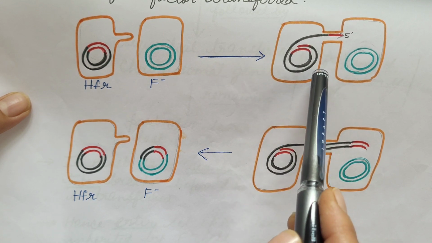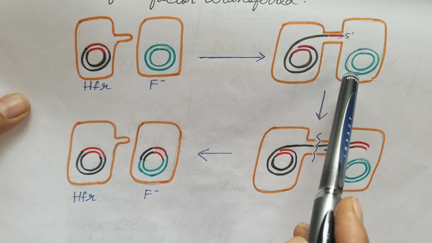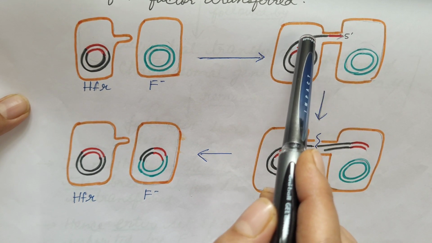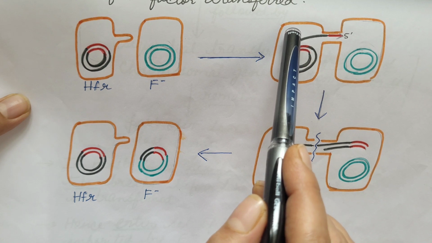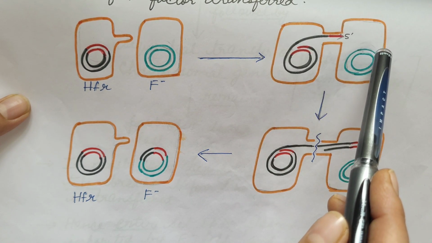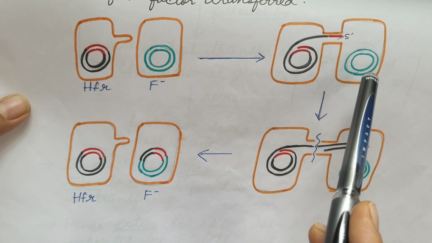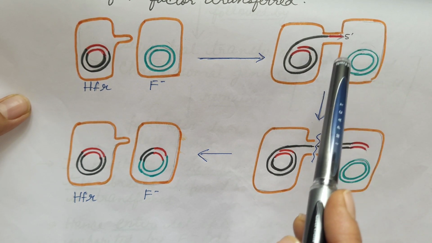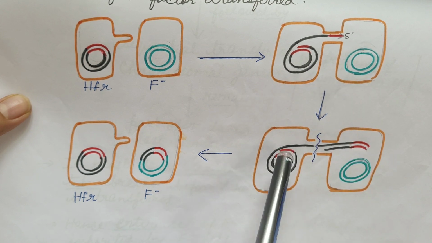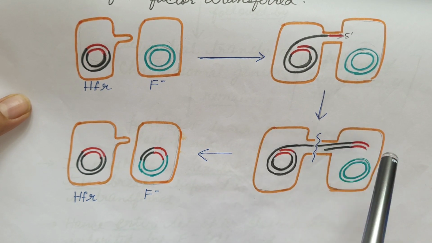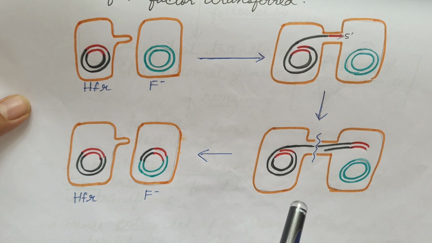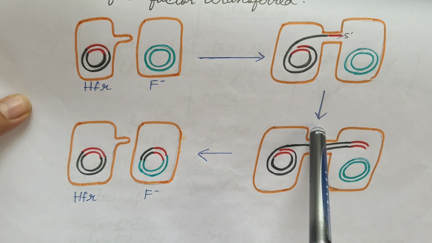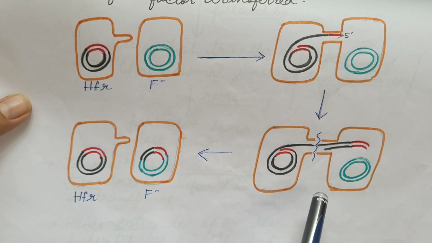So what we see is that it has high efficiency of formation of recombinants, as the bacterial chromosome is transferred from this bacterial cell to this bacterial cell with high efficiency. This entire process of transfer takes a long time, so before the entire strand is transferred, the cytoplasmic bridge breaks. Now what happens?